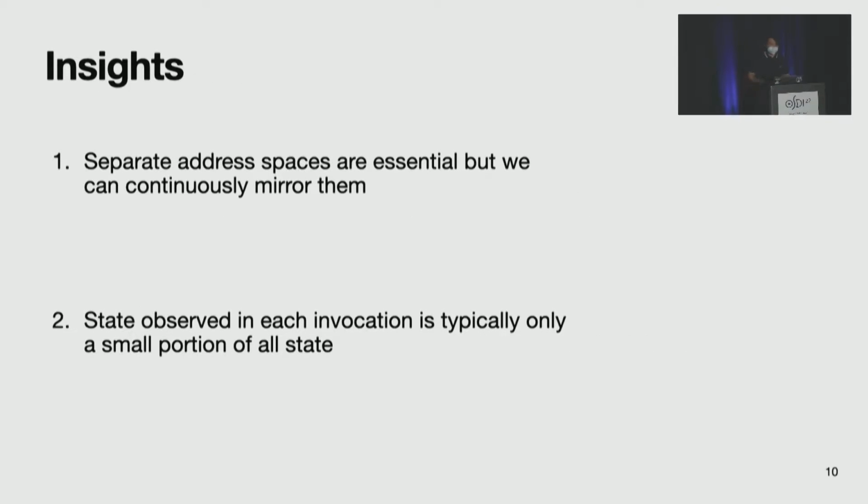Our insight to address the first challenge is that separate address spaces are still essential for isolation, but we can continually mirror the latest state to an orbit. To address the second challenge, we observe that the states inspected in each invocation are typically only a small portion of all the states.